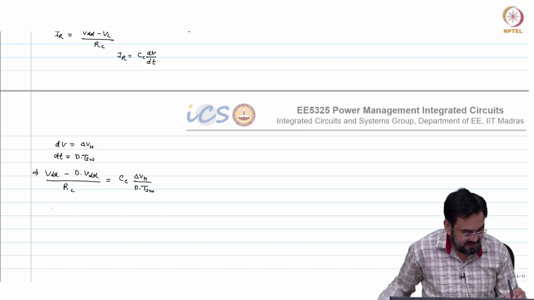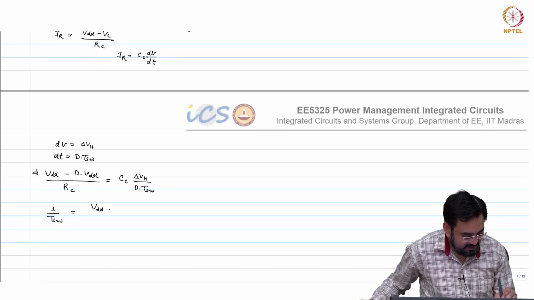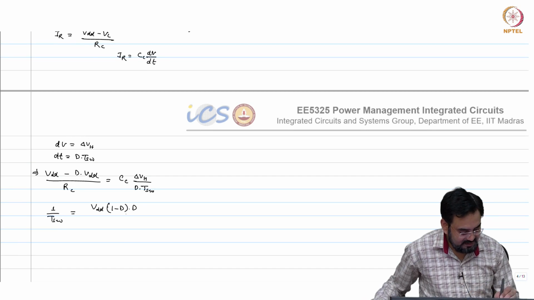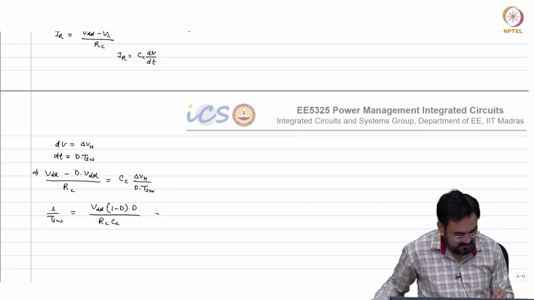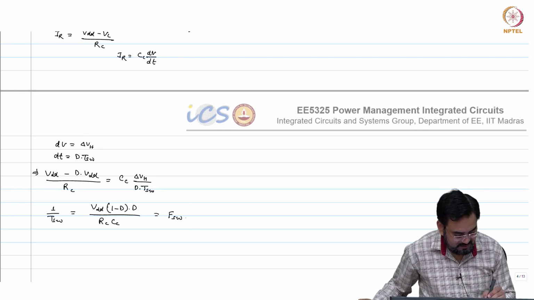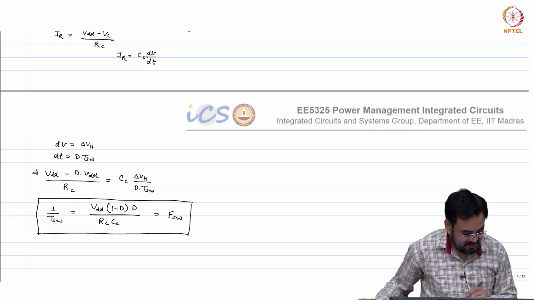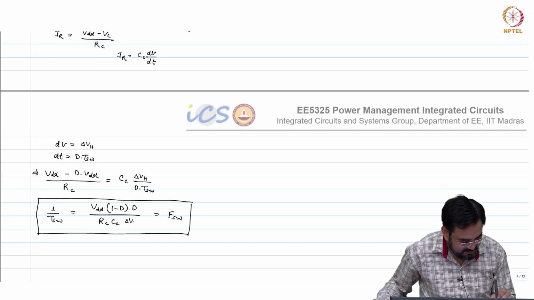So, just leave 1 by TSW. So 1 by TSW equals VDD into 1 minus D into D over RC Cc, equal to FSW, correct?